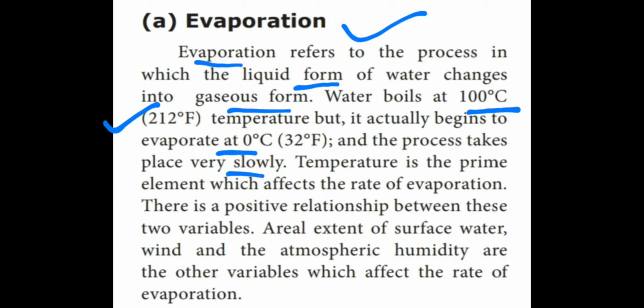Temperature is the prime element which affects the rate of evaporation. There is a positive relationship between these two variables. Areal extent of surface water, wind and the atmospheric humidity are the other variables which affect the rate of evaporation.